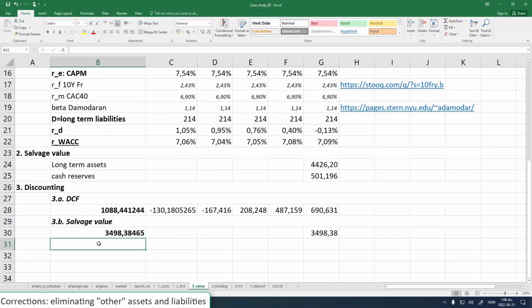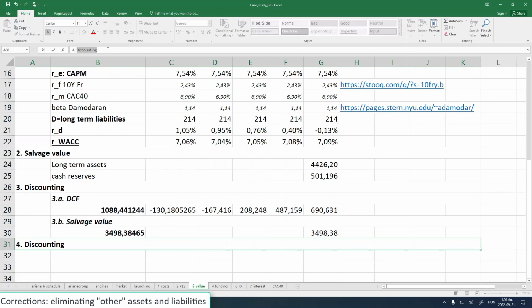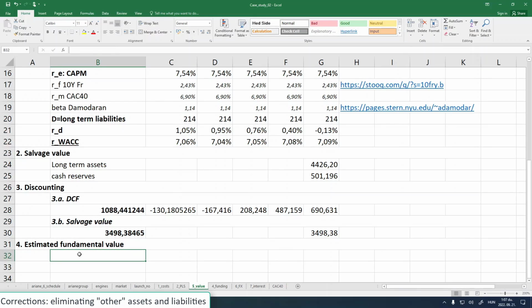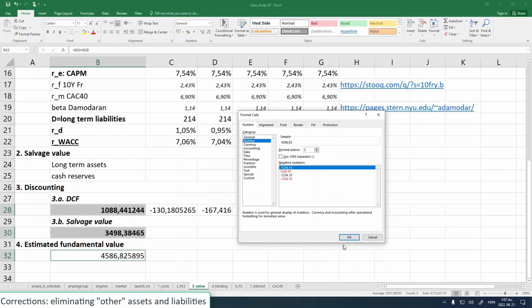So at the end of the day, let's keep it nicely: the estimated fundamental value will be this number plus this number. Let's do some formatting again.